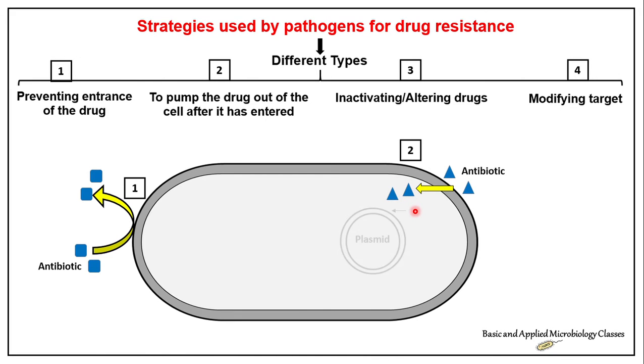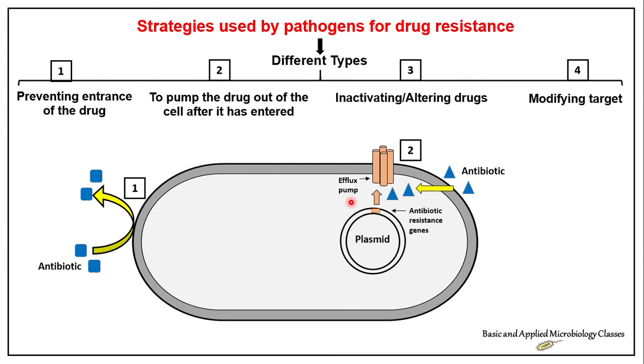Now what is happening? We all know about the extra chromosomal genetic element present inside the bacterial cell, that is plasmid. On plasmid, what are present? Antibiotic resistance genes are there. So you see here I have shown this gene. This gene will code for what? It will code for membrane translocases. These membrane translocases will form a kind of efflux pump.